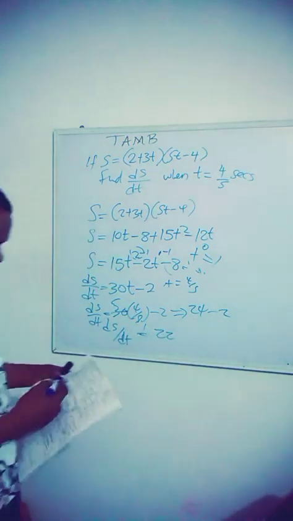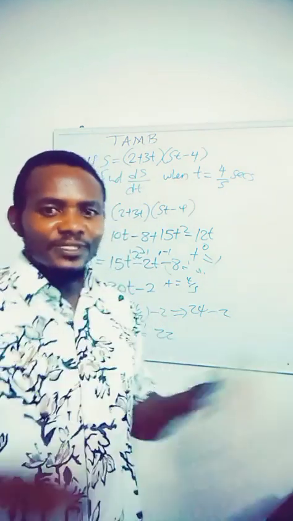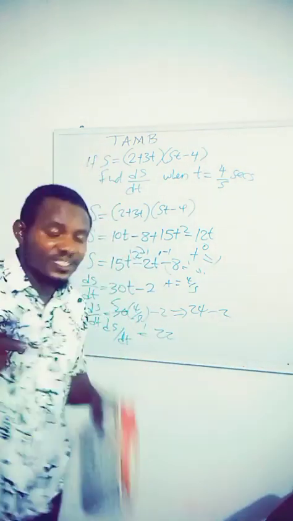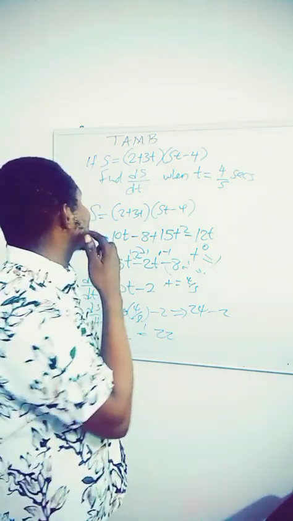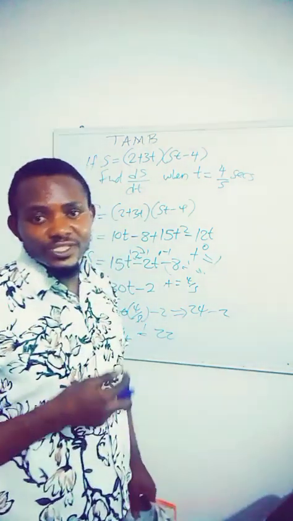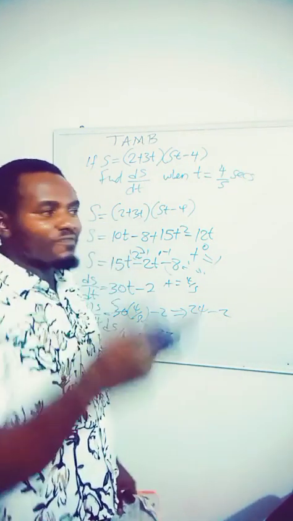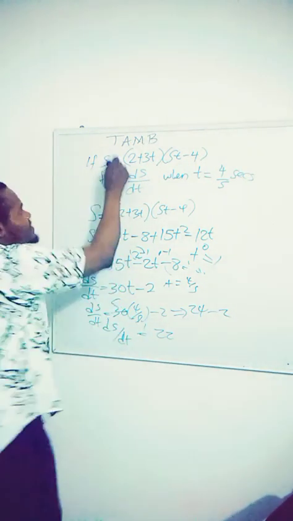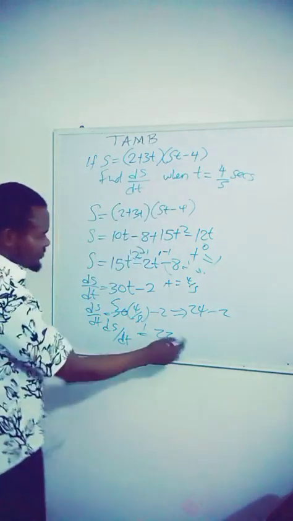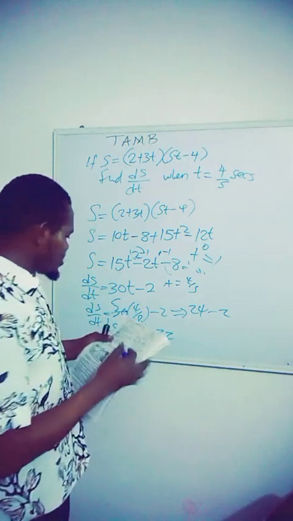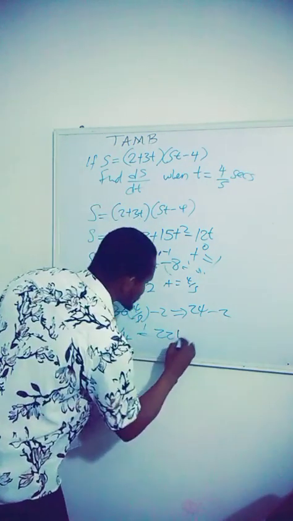So you know, in physics, let me just deviate a bit. In physics, when you differentiate distance, you have velocity. So that is what is happening here. This is a distance in terms of t. So don't forget the unit: the unit is going to be unit per second.